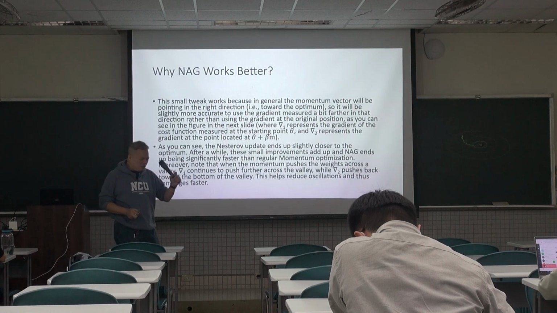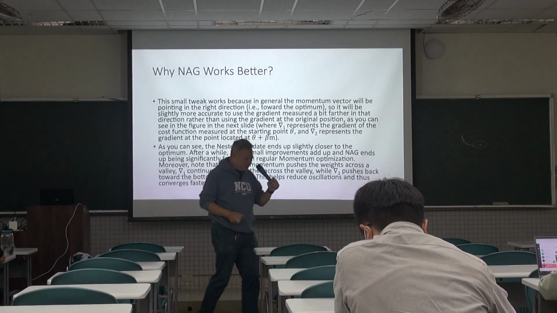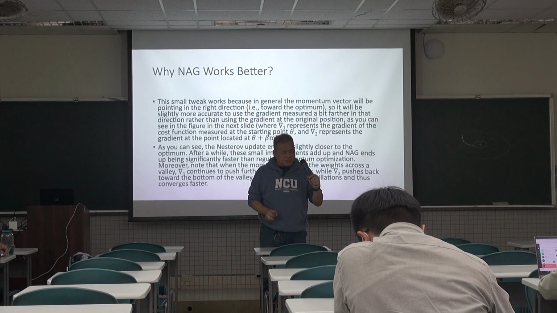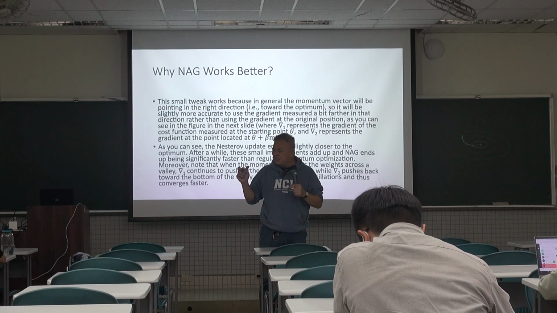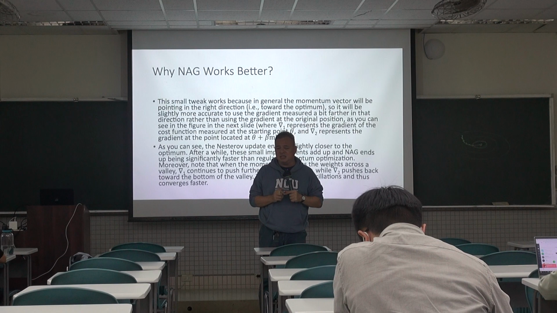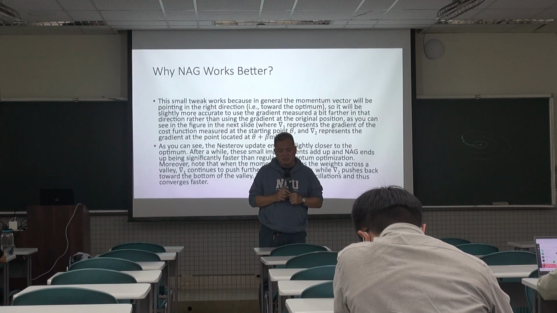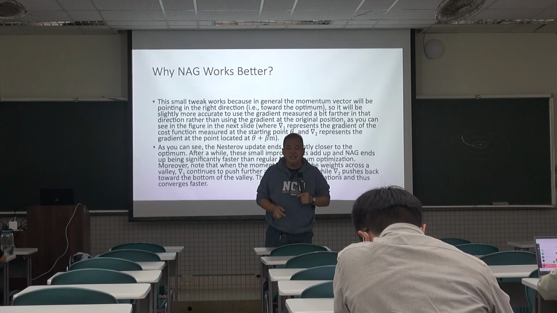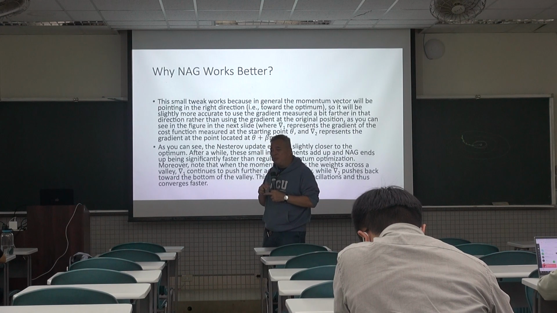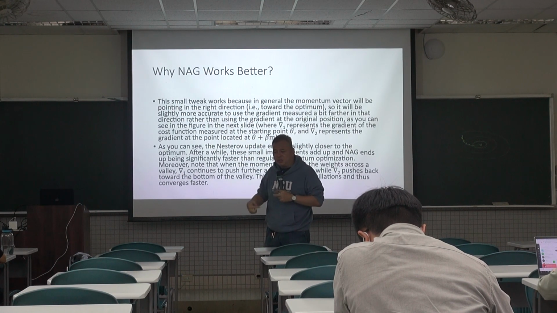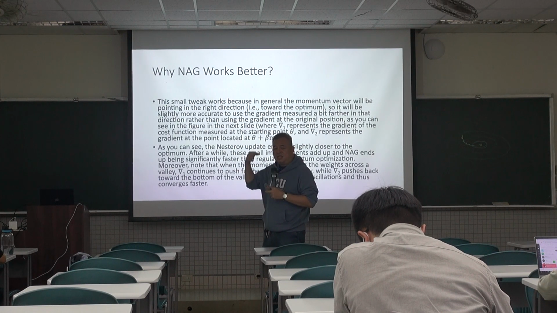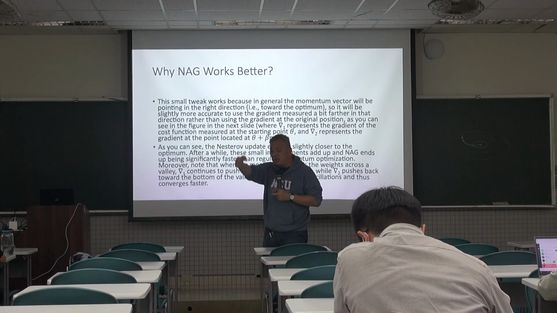You may say the difference between Nesterov or NAG and the momentum is very small, so does it make a lot of difference? Yes. Why? Because remember, deep learning training is iterative.